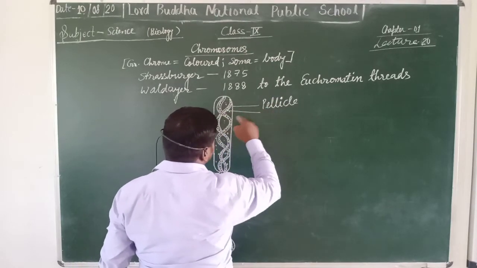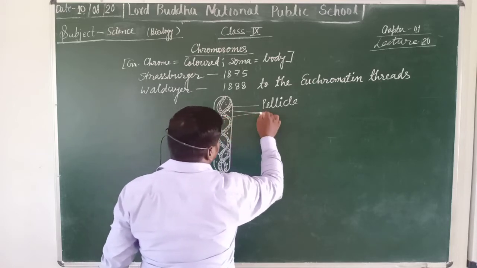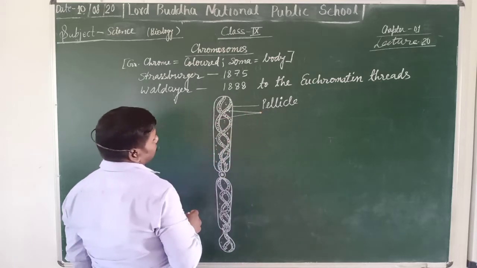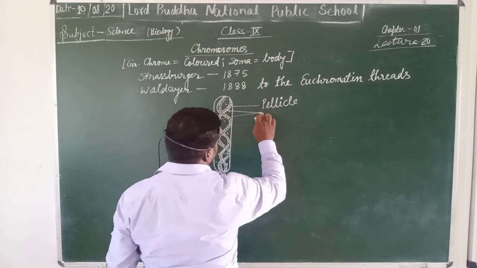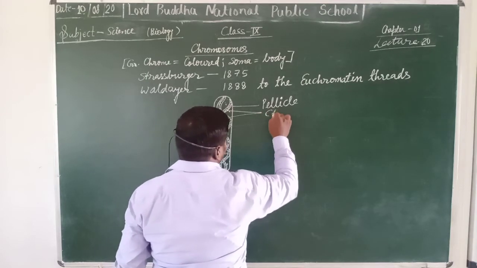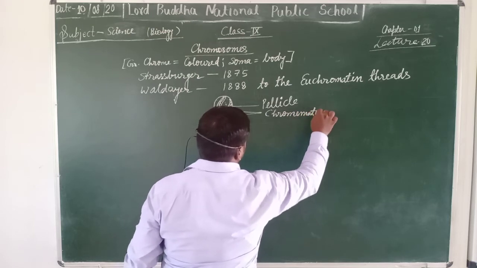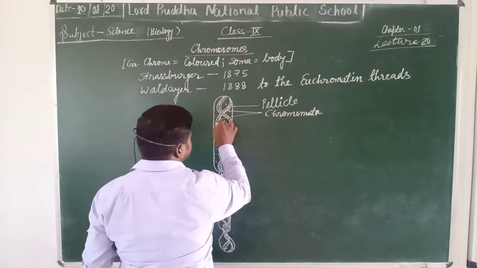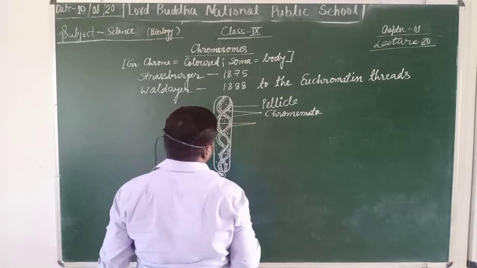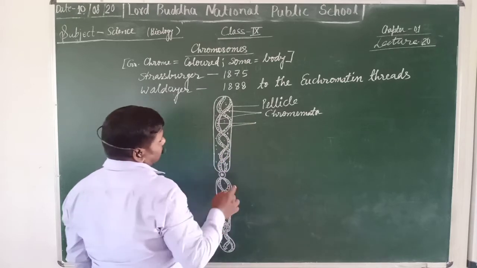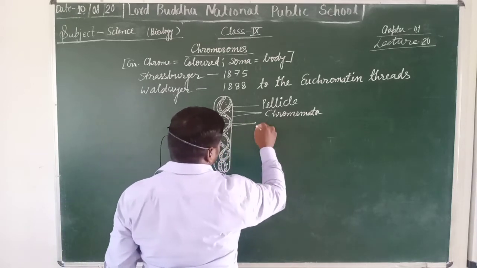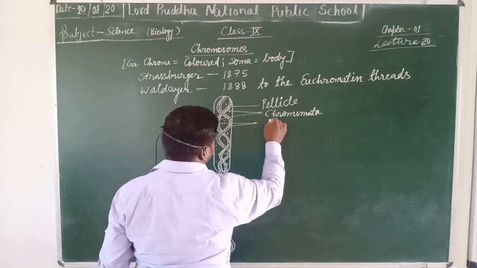This is the standard thread-like coiled or helical structure known as chromonemata, and these bead-like structures lying on the chromonemata are the chromomeres.